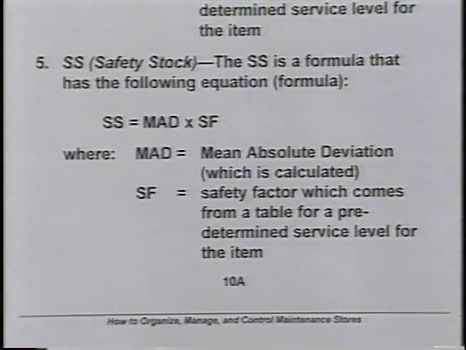Item number 5 addresses the safety stock, and I've already gone through its derivation when I discussed the second half of the order point formula, MAD times safety factor.